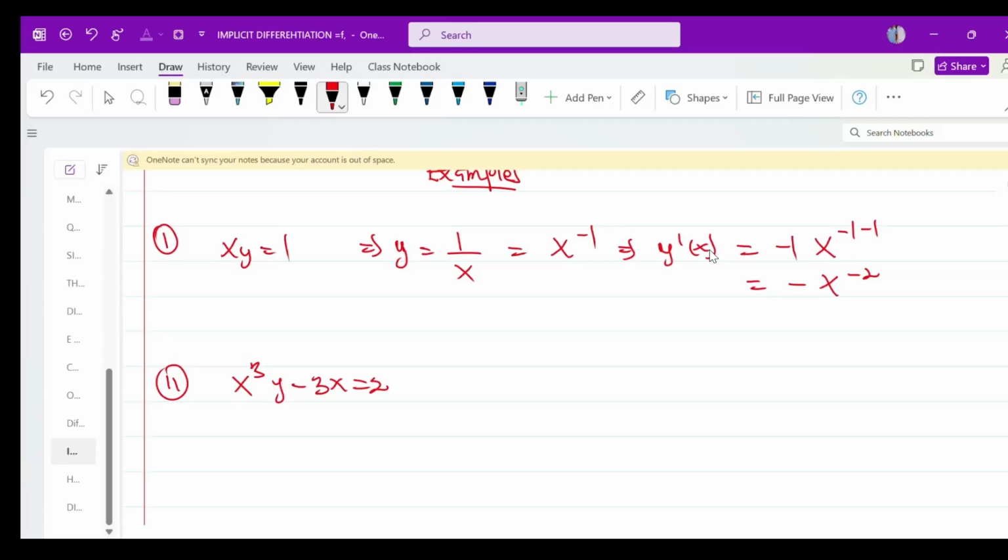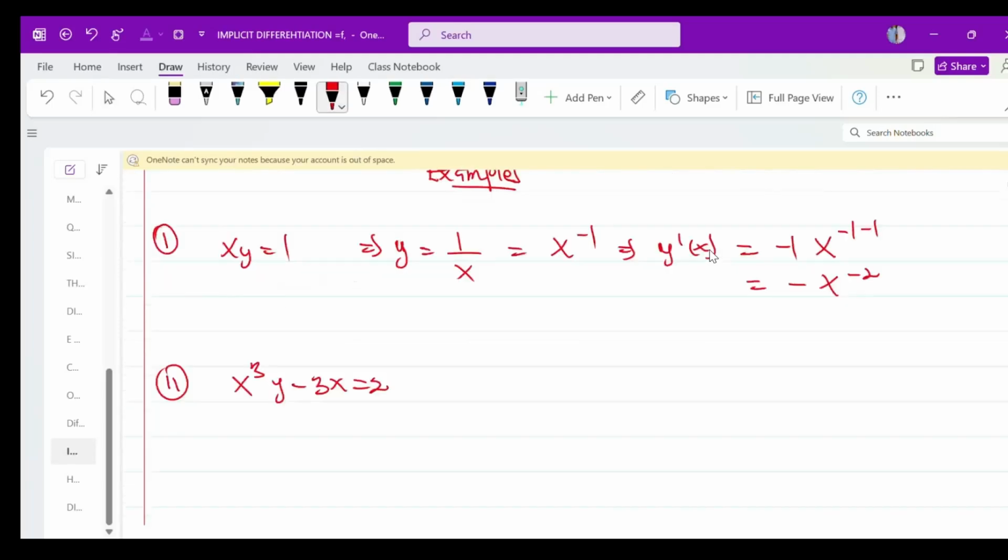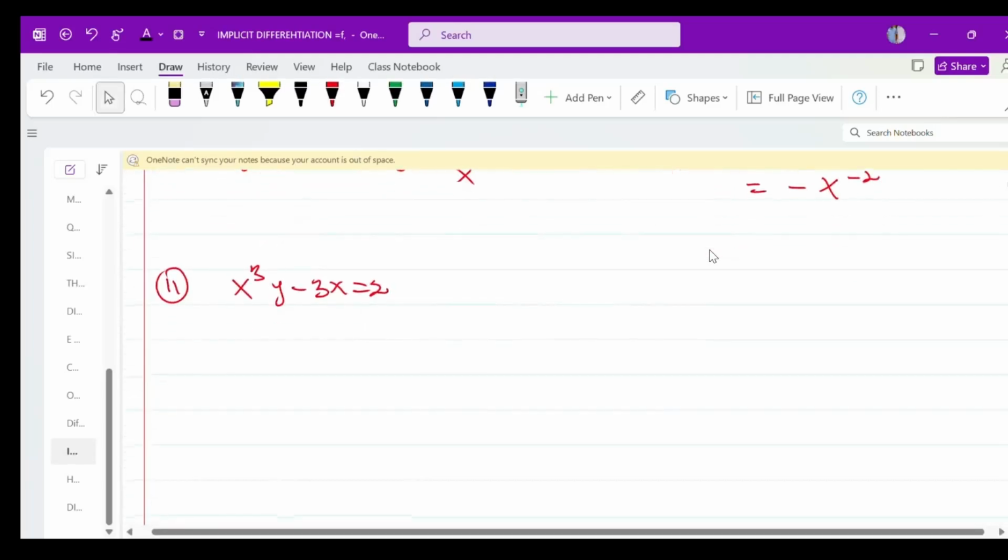Okay, all right. So example 2, you have to differentiate this equation implicitly. So you have x cubed y minus 3x equal to 2, and we have to differentiate this equation implicitly. Here there are two approaches that you can go by. You can choose to make y the subject, which will give you 2 plus 3x all over x cubed, right?